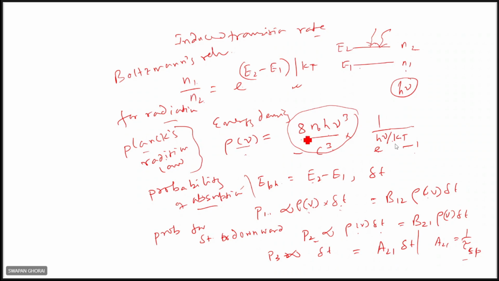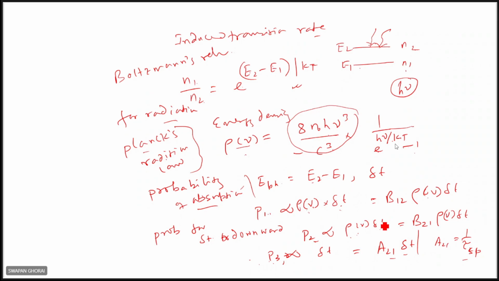Whenever there is a transition from an upper state to a lower state, there can be forced transitions, and also there can be spontaneous transitions. The spontaneous transition does not depend upon the intensity present, rho nu. It simply depends on the time interval. So P3, the probability of spontaneous downward transitions, is A21 delta t, right?